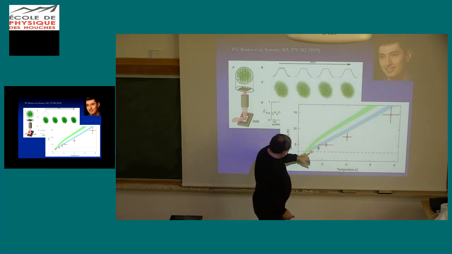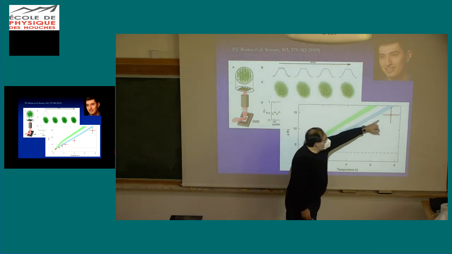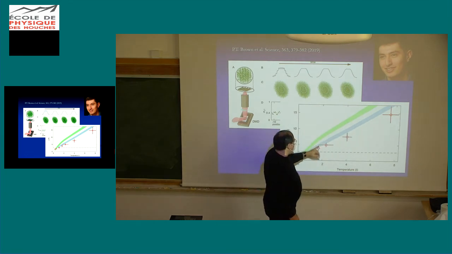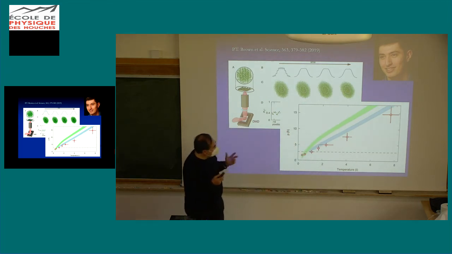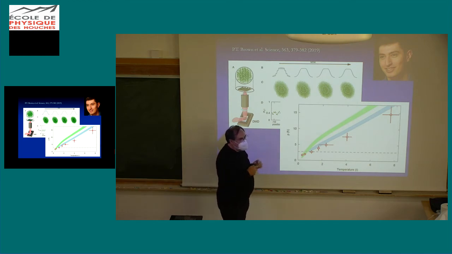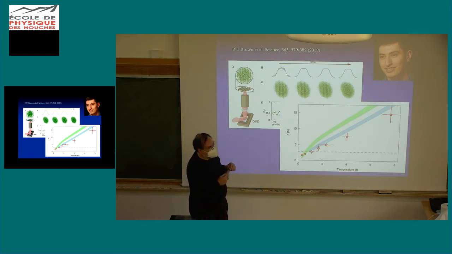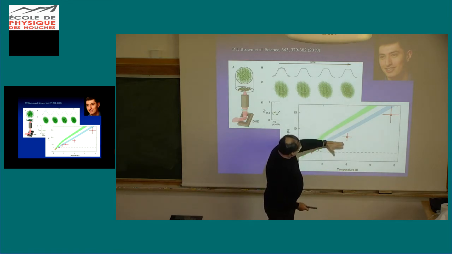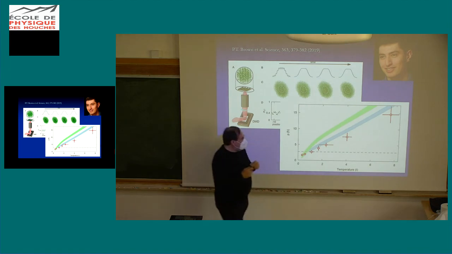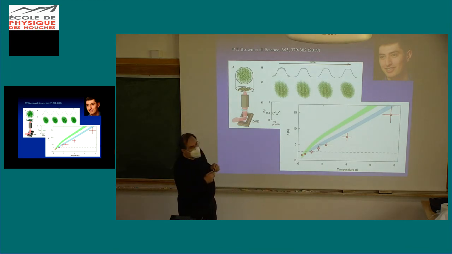So here is the experimental data. Here is a result of one calculation, which is exact diagonalization on a small cluster. And the green is a result of a much more sophisticated calculation using a mean field approximation, which is called dynamical mean field theory. And the conclusion of the paper is that, okay, if I had to bet, I would bet more on the blue curve than on the green curve for what is seen in the experiment.